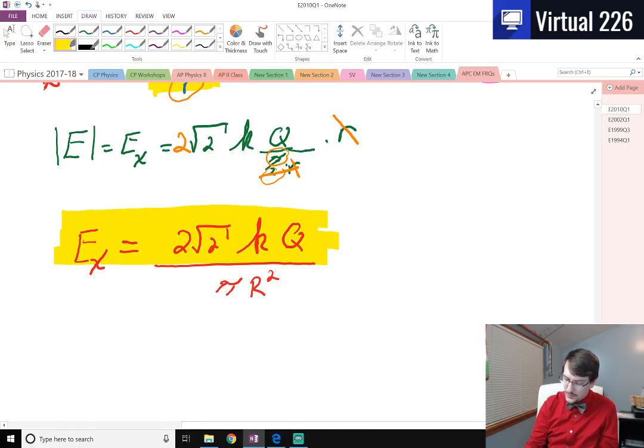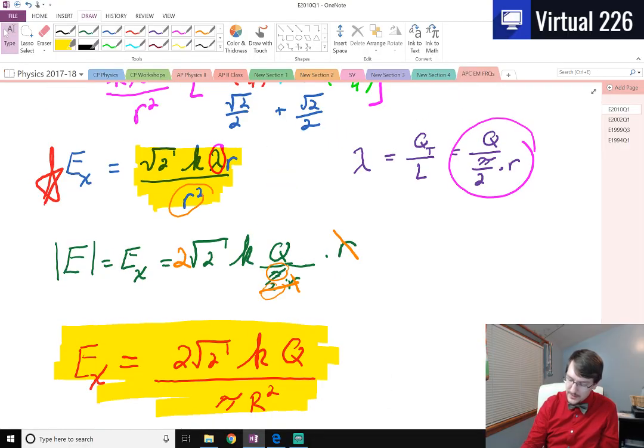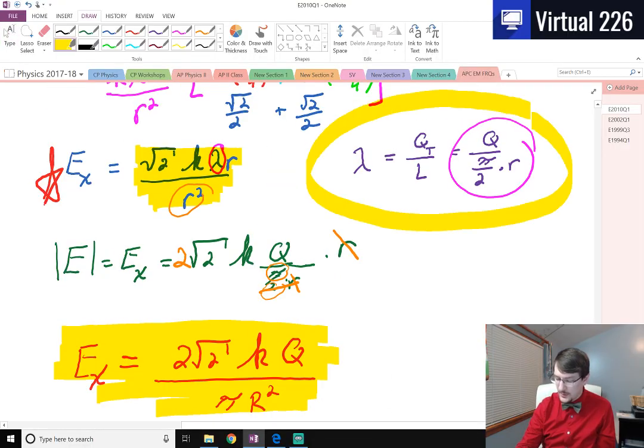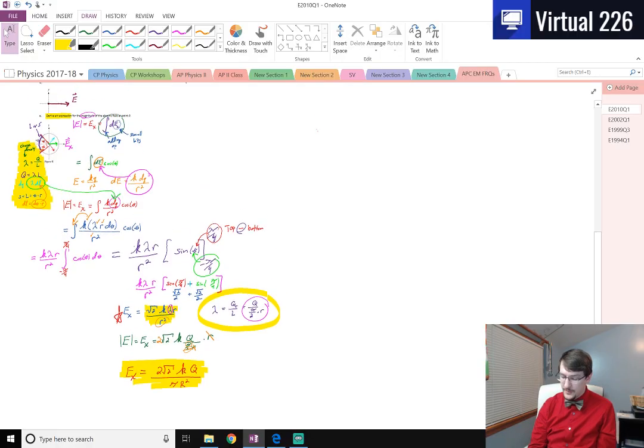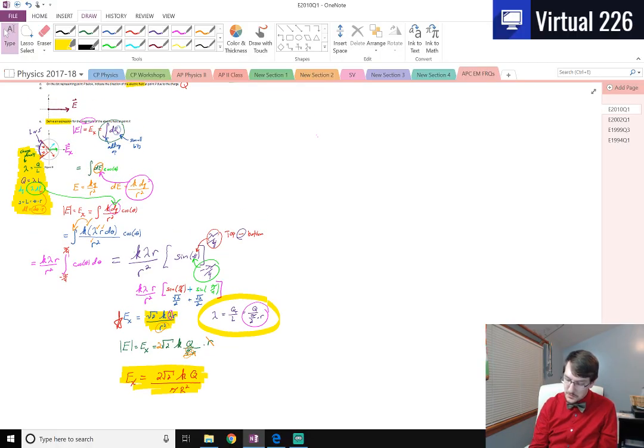So you may have gotten a point if you left it up here like this, but by using this right here, we were able to get it back and finish up the problem. And if you did that integral and worked your way through it, you just got 15 points. But if you stopped all the way up here, you got 12, which means all of this work was like 3 points.